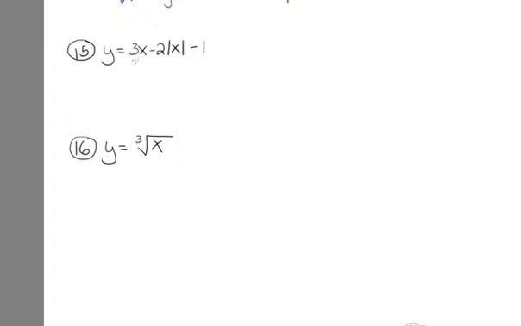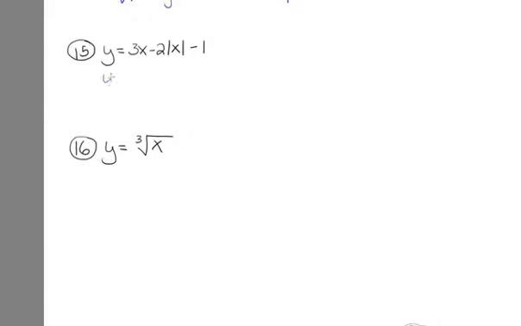Alright, so absolute values affect positive numbers and negative numbers differently. So on 15, I think we need to attack it a lot like we did the problem above it on 13. So plugging in a positive number, the absolute value actually does nothing.